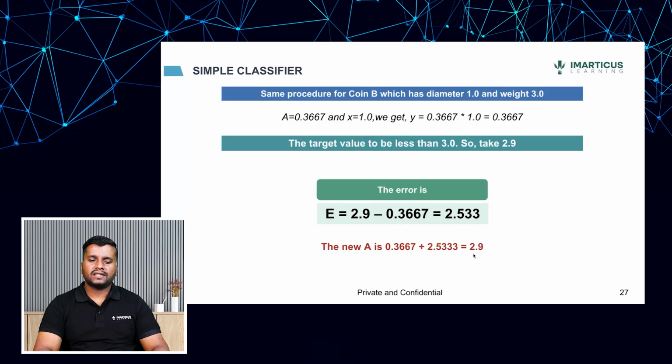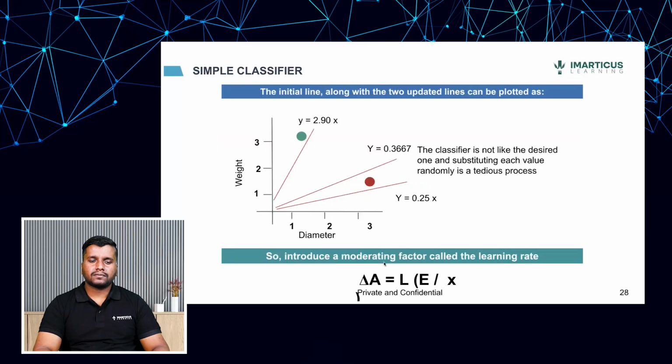So now what is happening here? We are trying to find the value of a, trying to understand how much error it is making. The initial line along with the two updated lines can be plotted as this: y is equal to 2.90, and the second line we can see here is the classifier.